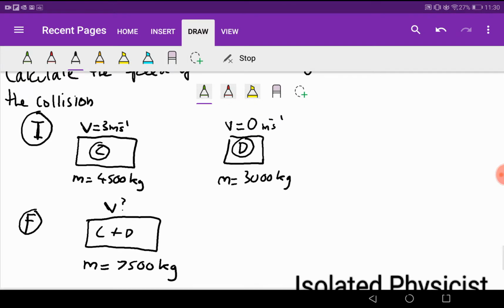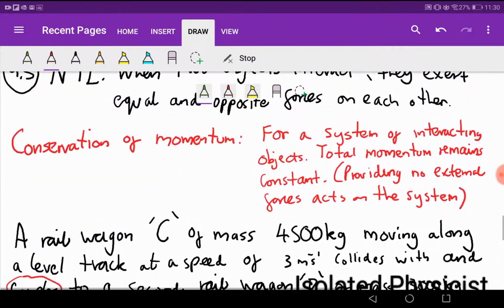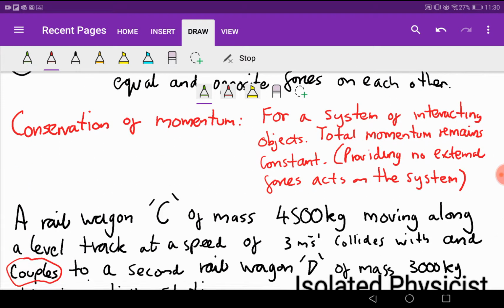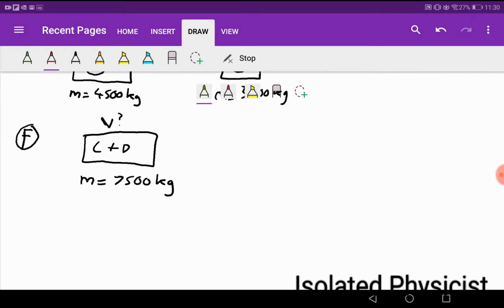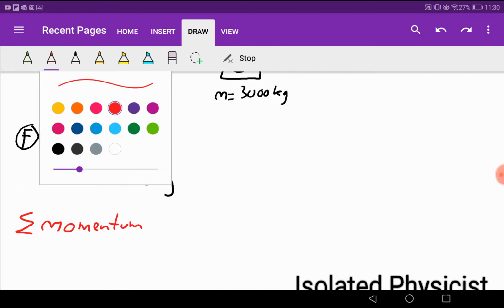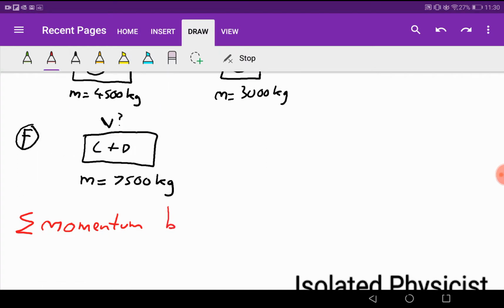Well, conservation of momentum: for a system of interacting objects, total momentum remains constant. So that means total momentum before must equal the sum of momentum afterwards.